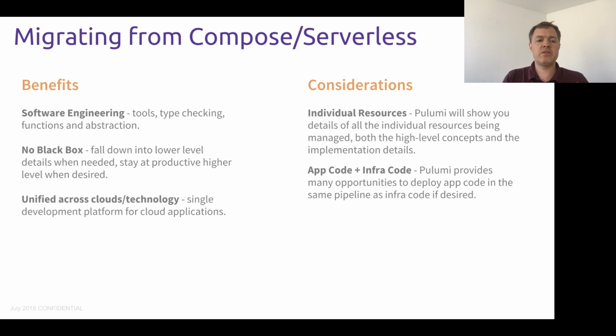And so again, there are key benefits that you get with Pulumi around software engineering. Instead of using YAML files and that sort of thing, you get the full benefits of tools and type checking, and you get that unified API across clouds and technologies. But the one key thing that I think most folks using these tools find they're looking for when they consider Pulumi is the ability to not have a black box.